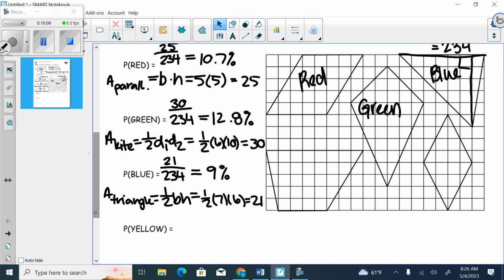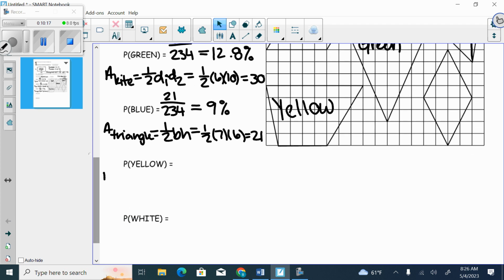Alright, then what's the probability of hitting yellow if yellow is this figure down here? Well, what kind of shape is yellow? Trapezoid. Okay, can somebody tell me what our formula for area of a trapezoid is? There we go. Alright, so what is the lengths of our base 1 and our base 2?